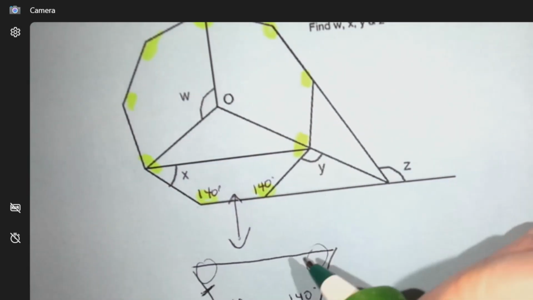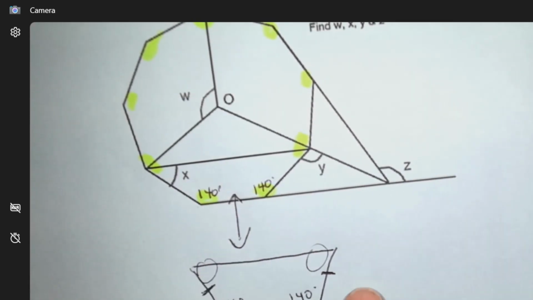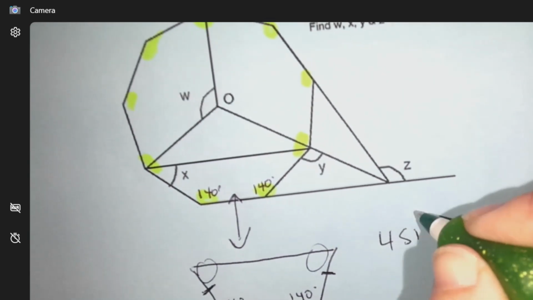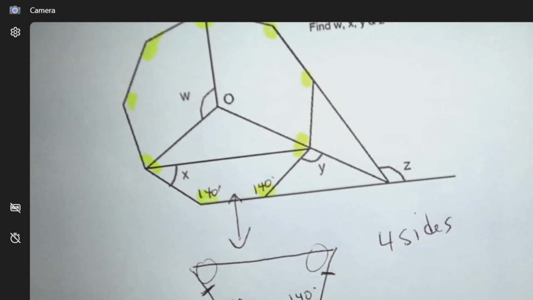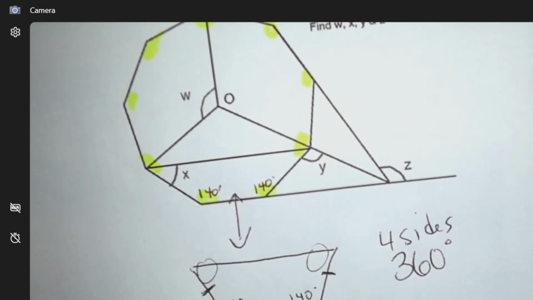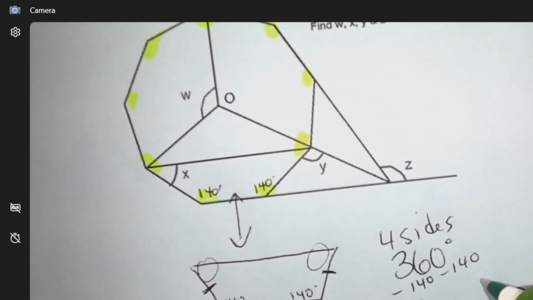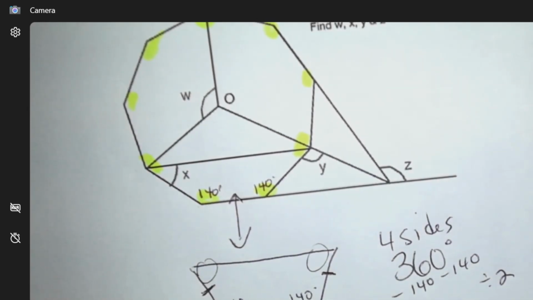Within this little shape that I drew, how many sides are there? 1, 2, 3, 4. I hope that you don't need to use the formula. How many degrees are in a 4-sided shape, like a square? You can use the formula if you need, but a square has how many degrees in it? 360 minus 140 minus 140 equals what? Divide by 2 again.